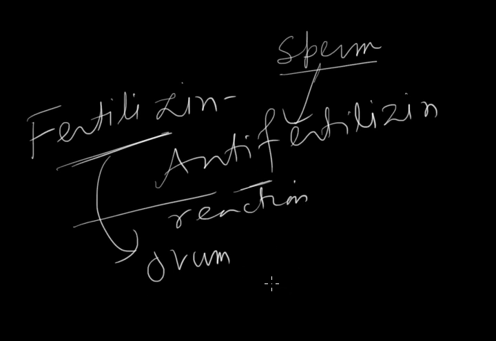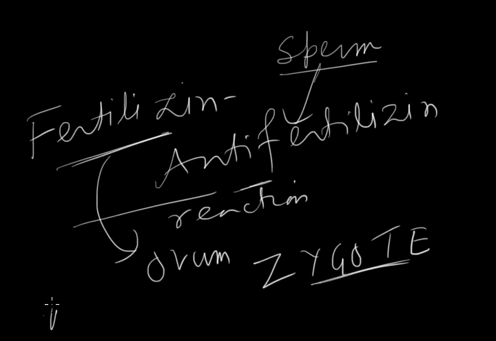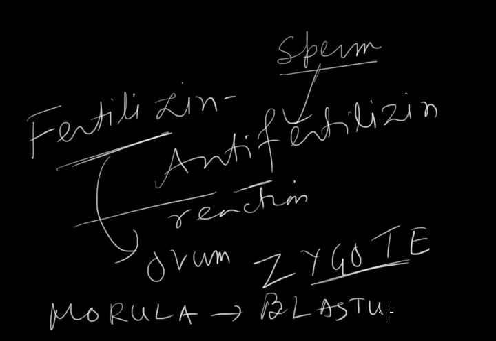As soon as fertilization is over, the zygote is formed. The zygote gradually transforms into a morula. Then it proceeds towards blastula, then towards gastrula.